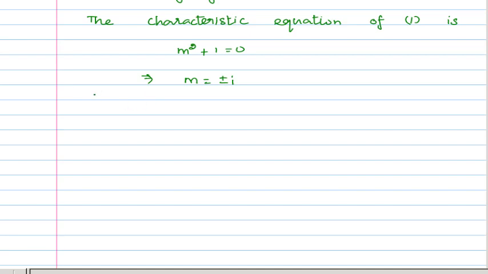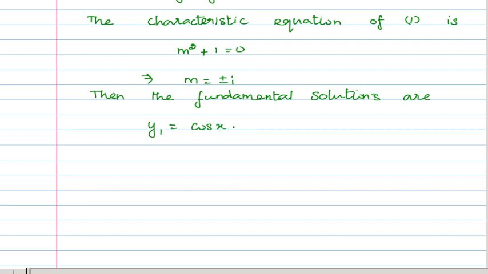So the fundamental solutions of equation 1 are y1 equal to cos x and y2 equal to sin x.